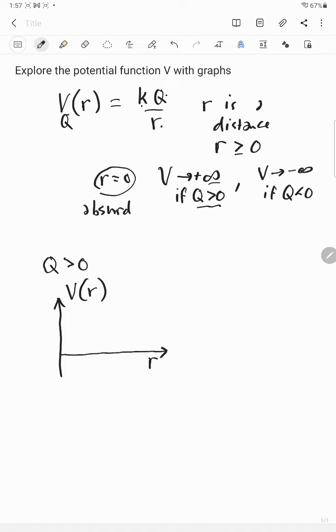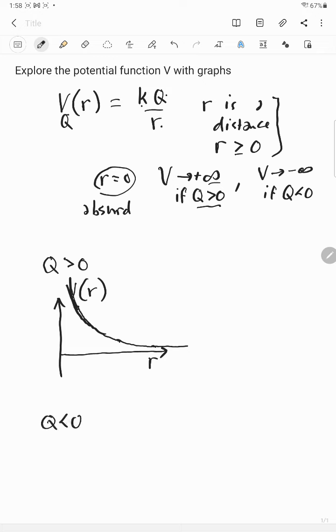Because R is strictly a distance, and distances are only bigger than or equal to 0. But if you draw the function V of R when charge is positive, you get these asymptotes. The potential as R goes out to infinity goes to 0, and the potential as R approaches 0 goes up to positive infinity, and you get this shape.